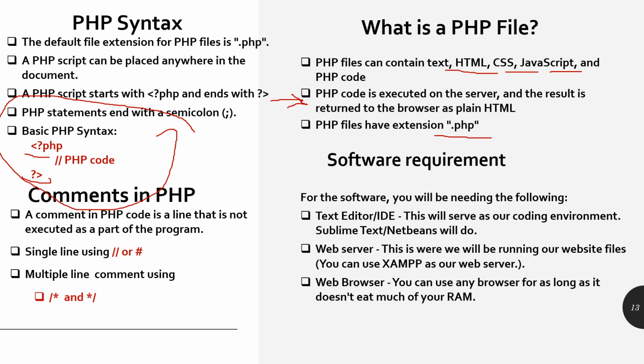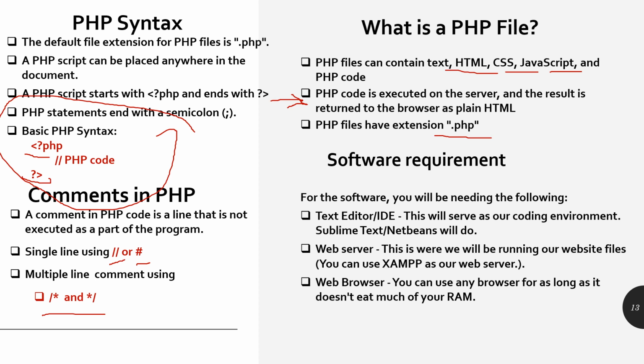We can include single line or multiple line comments. For a single line you can use two forward slashes, or use a hash. Any one of them you can use. For multiple lines you use a forward slash and asterisk, write the comment, then close with an asterisk and forward slash. This is about the comments. Okay, this much is clear.